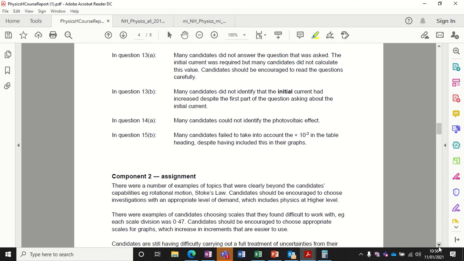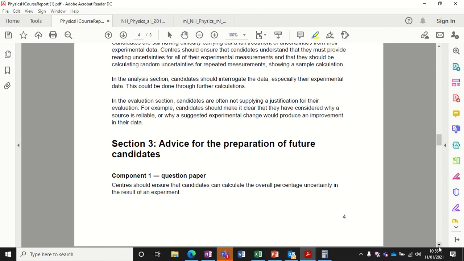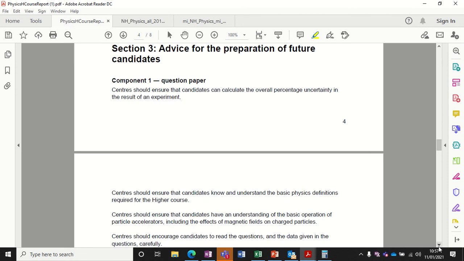Now, if I look further in the course report, we also get section 3, advice for the preparation of future candidates. That is you. So here's the first bit of advice. Centres should ensure that candidates can calculate the overall percentage uncertainty. Okay, so know how to do your uncertainty calculations. Centres should ensure that candidates know and understand basic physics definitions, so know what's meant by an inelastic collision compared to an elastic collision.